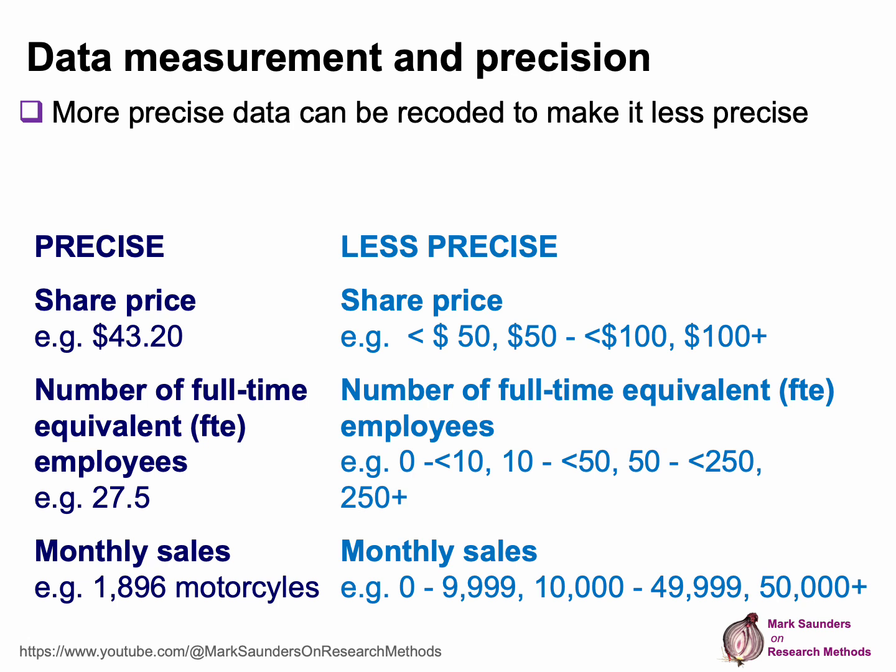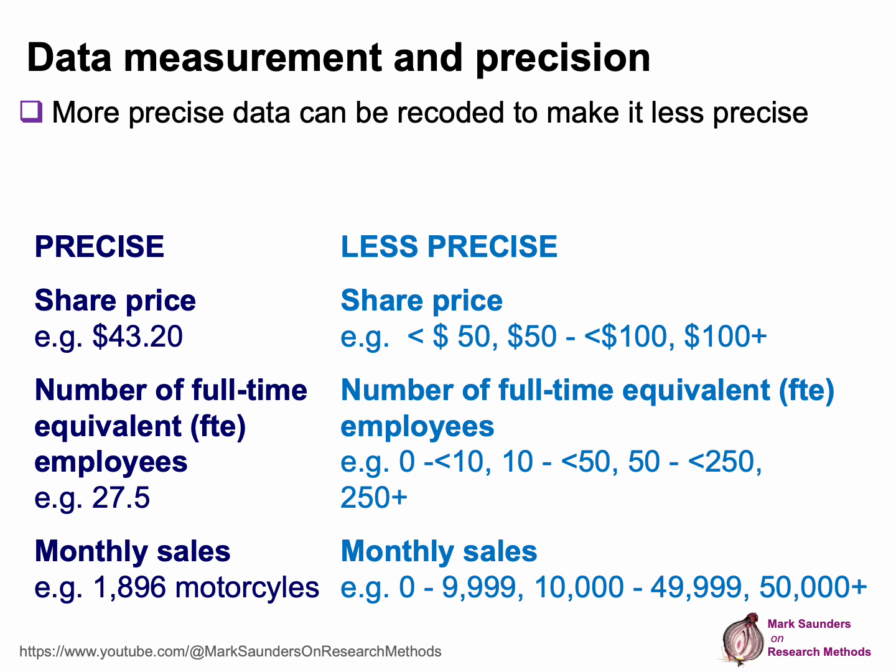The number of full-time equivalent employees could be turned into groups such as 0 to less than 10, 10 to less than 50, 50 to less than 250, and 250 plus employees. Similarly, the monthly sales could be up to 9,999, 10,000 to 49,999, and 50,000 plus.